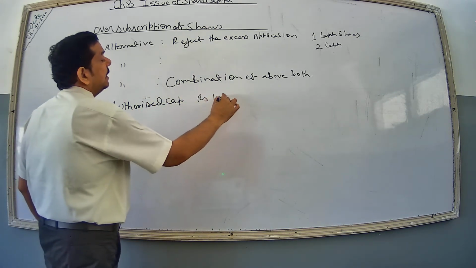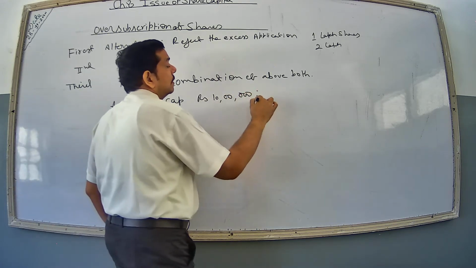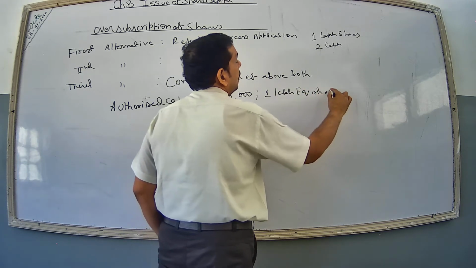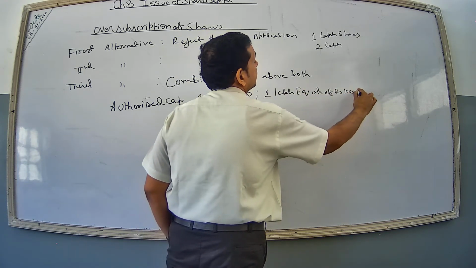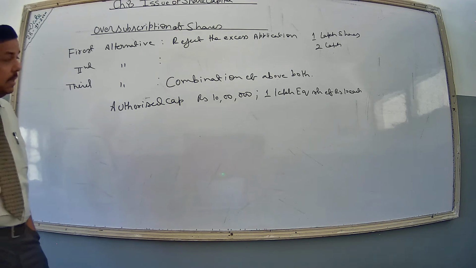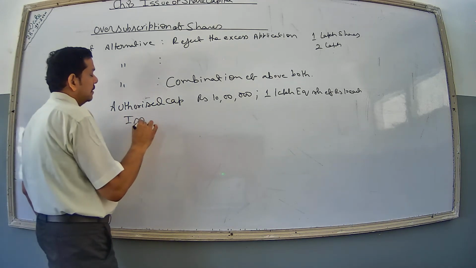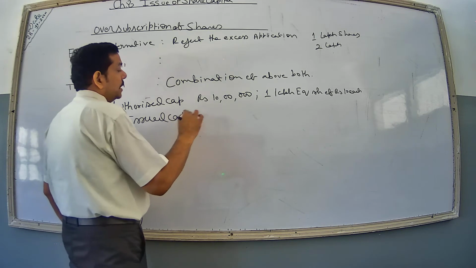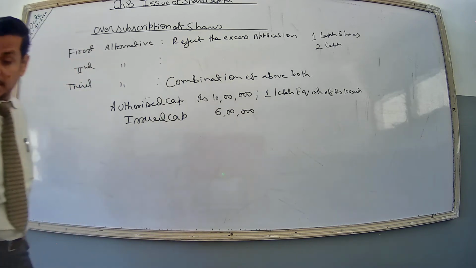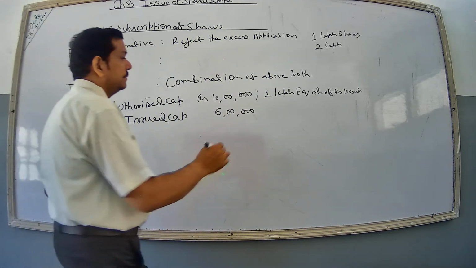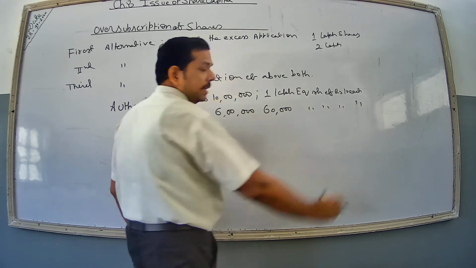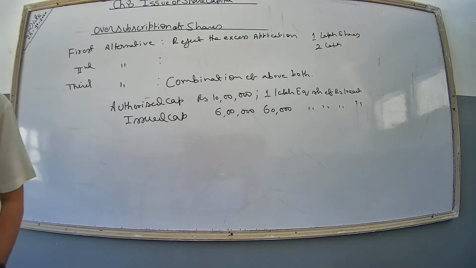The issued capital is 6 lakh, that is 60,000 equity shares of rupees 10 each. This is the issued capital.